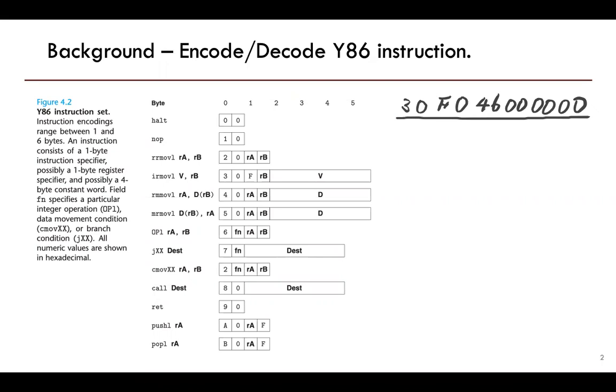And then we read them one by one. In the first byte there are the instruction code and instruction function.